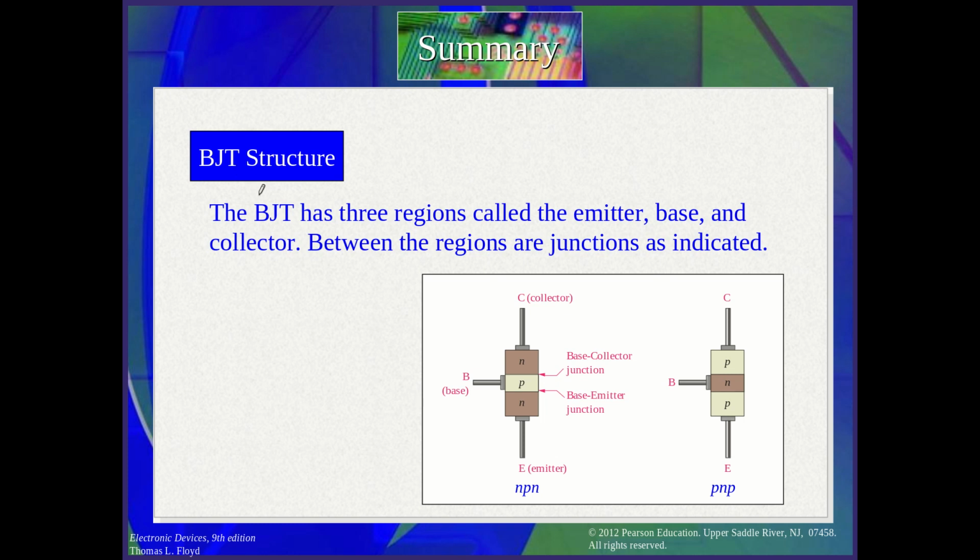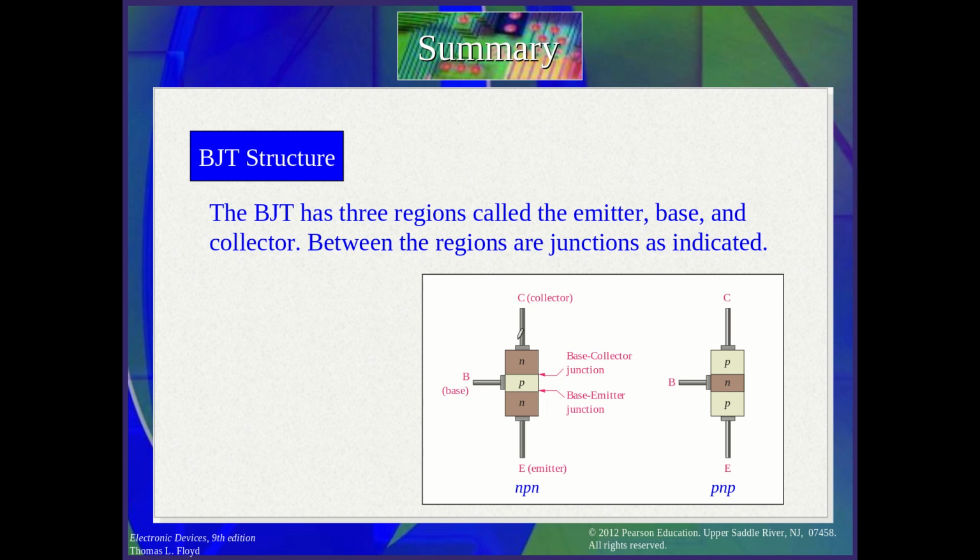A bipolar junction transistor may be made of an NPN junction or a PNP. So it has 3 regions instead of the 2 regions in the diode. We connect to each one of them, remember that, and we call this one the emitter, this one the base, and this one the collector, and we may name them with the letters.